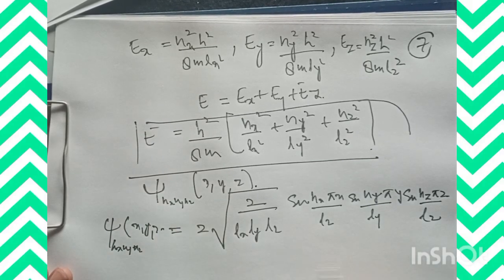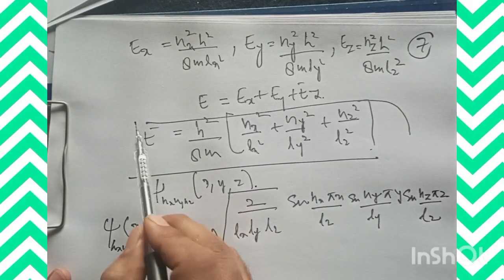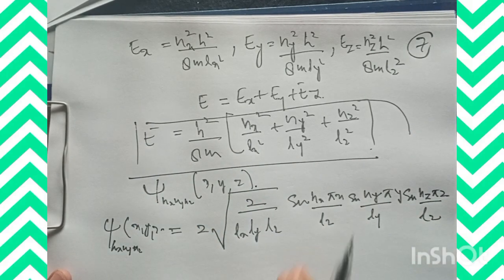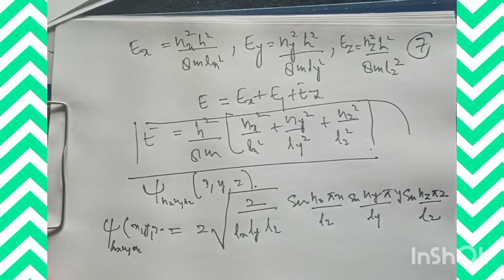So this thing is a representation of the wave function. And what we find is that the energy of the particle inside this box is quantized. I mean, it can only have some specific values inside the box. It cannot have all the possible values that we can think about.